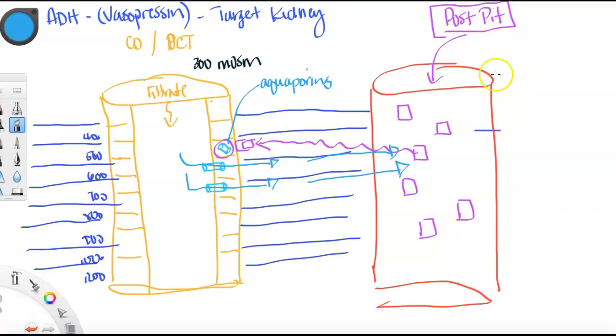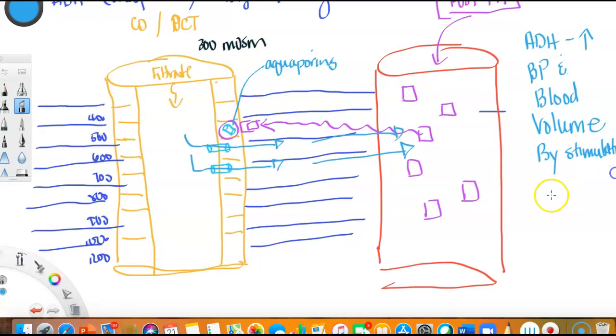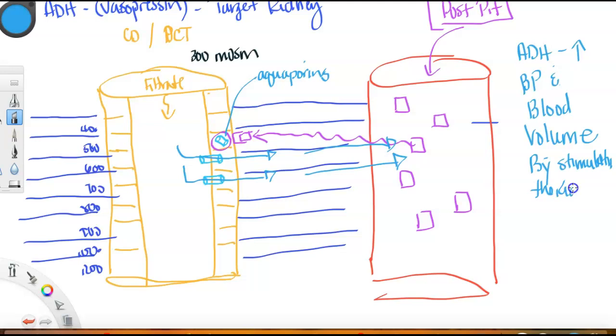So ADH increases blood pressure and blood volume by stimulating the kidney to reabsorb water.